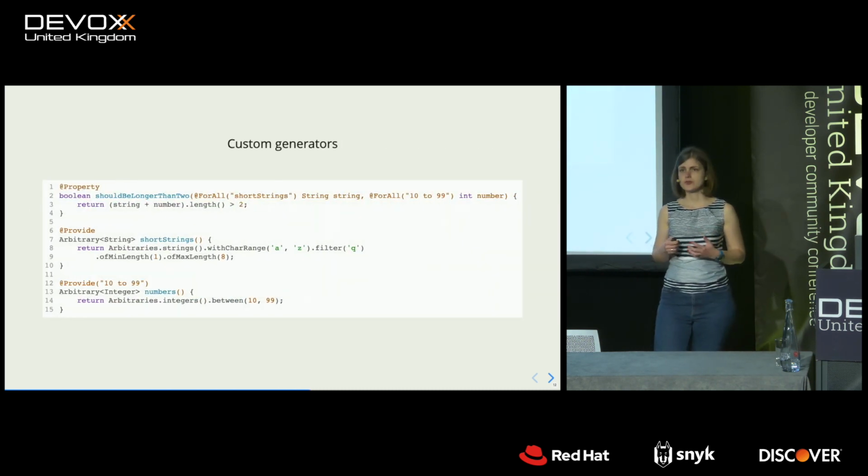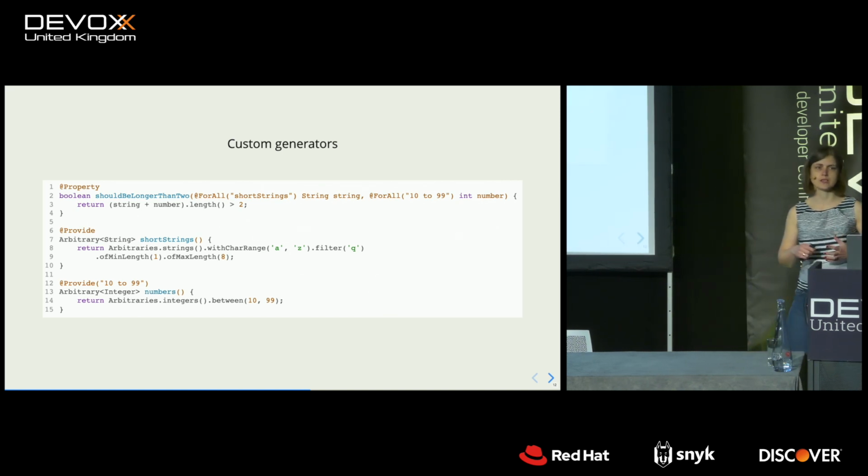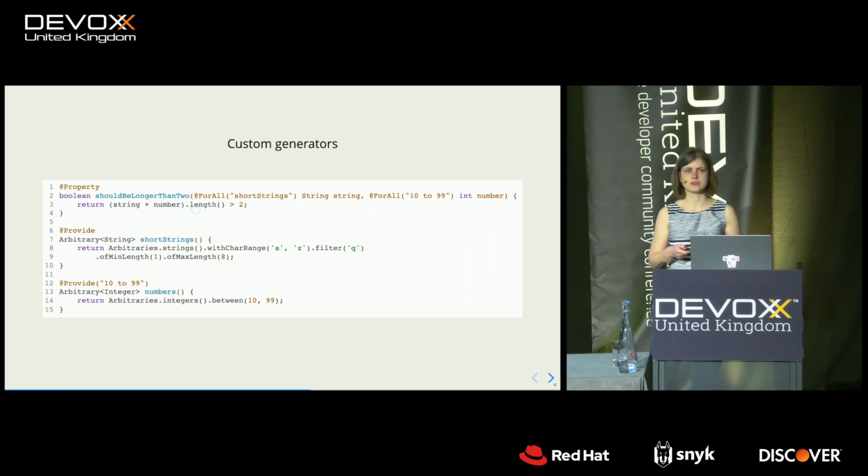An example of what you can do if you don't have a built-in generator is you can combine them. For example, here we have a property that the concatenation of string and number shouldn't be longer than 2. And here we are providing our own generators. In jQuery, they are called arbitraries, so you have a provide annotation and a method returning an arbitrary.